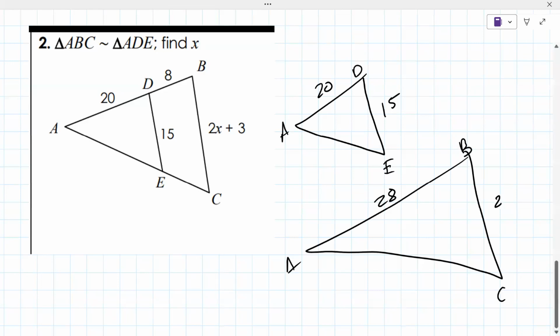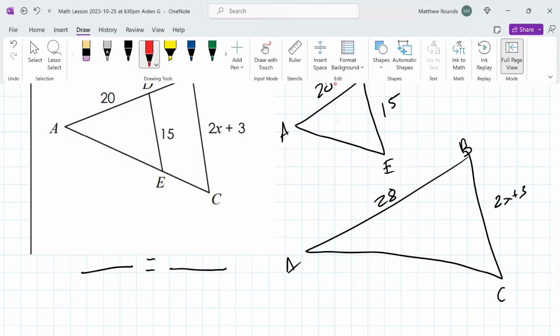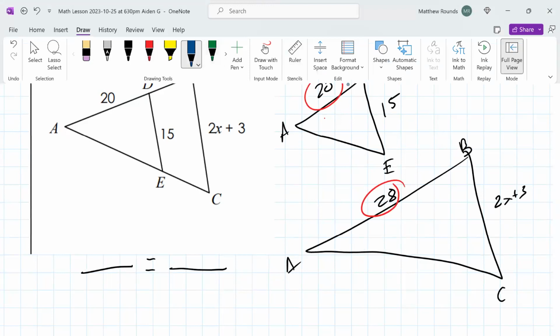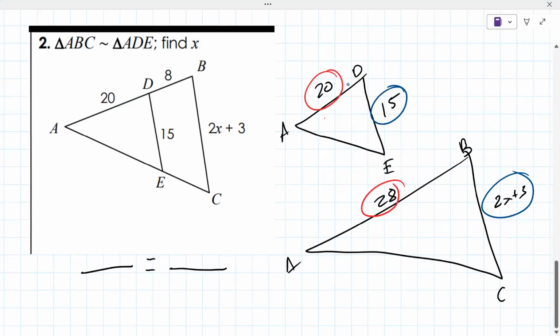BC is 2x plus 3, and now we're going to set up a proportion again. I think it helps to circle or somehow identify which pairs go together.